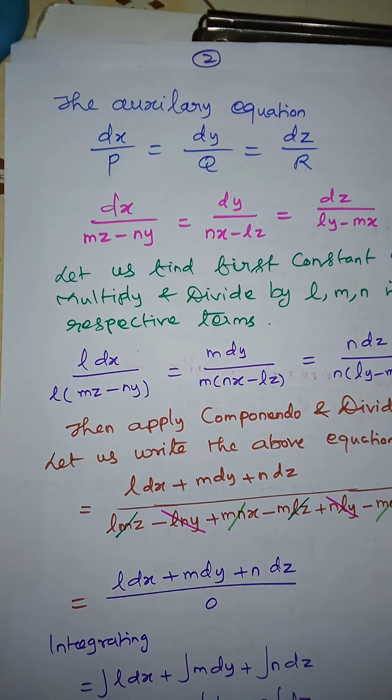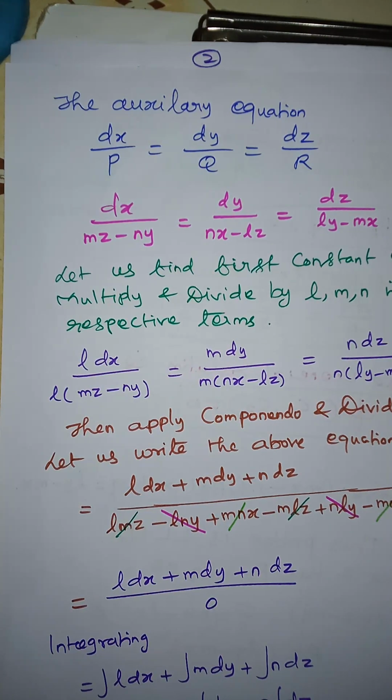For that we have to multiply and divide by some constants. Those constants should be related to the given problem. You can choose any constants, but they should help us to get the constant c1 or c2.